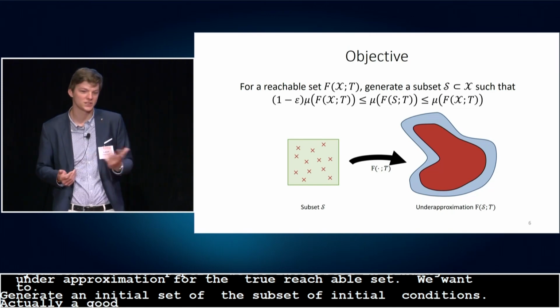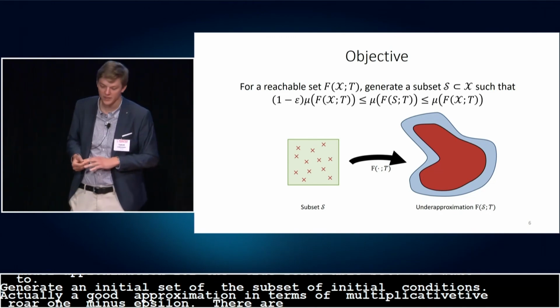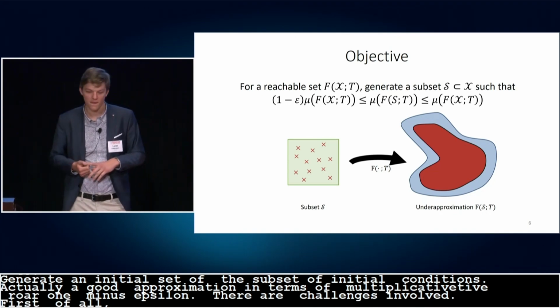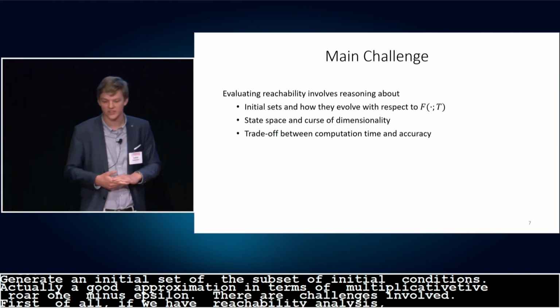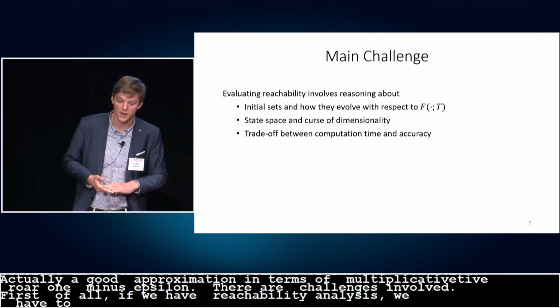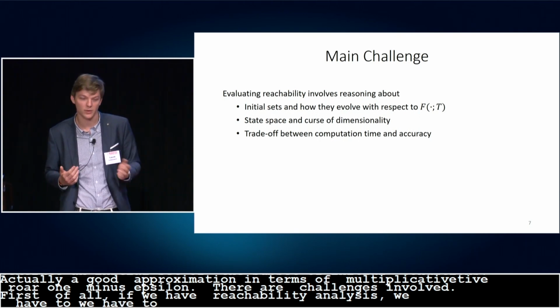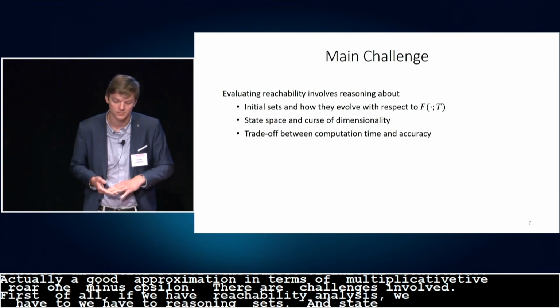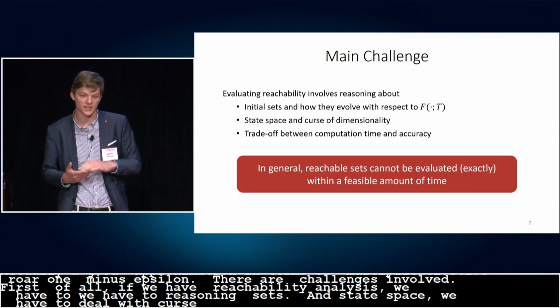Now, there's a few challenges involved with that. First of all, if we have reachability analysis, we have to reason about sets and how they evolve under the dynamics. Also, usually computations are performed in state space, so we have to deal with the curse of dimensionality. And finally, it's hardly ever possible to compute our reachable set exactly.